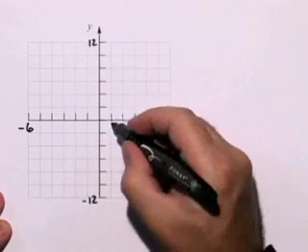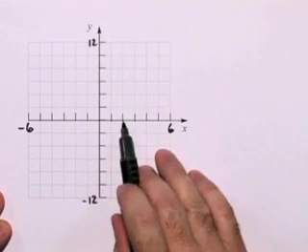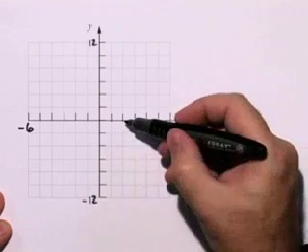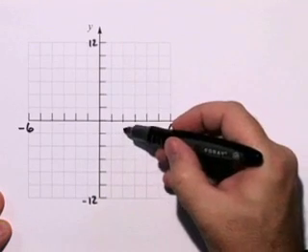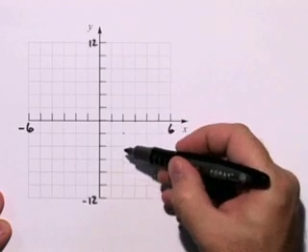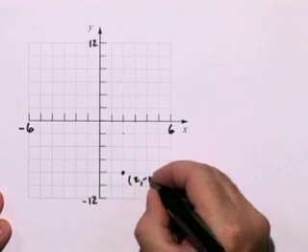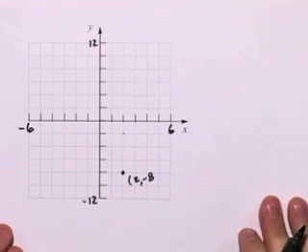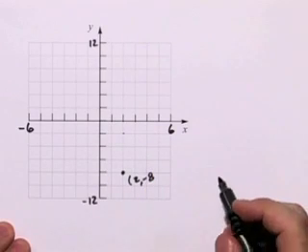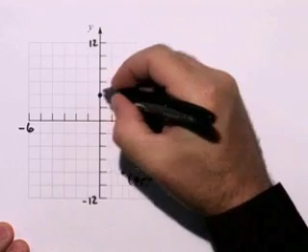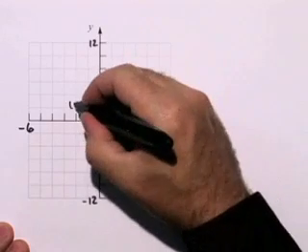Our vertex was at 2, -8. So we go to x equals 2, go 2 units over along the x-axis. We go down to -8, but since we're scaling by 2, we'll go down to -2, -4, -6, down here to the point 2, -8. Our y-intercept was 4. Again, noting our scale is by 2, we'll have the point 0, 4.